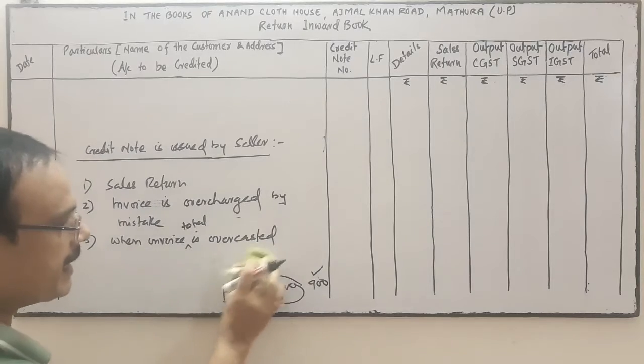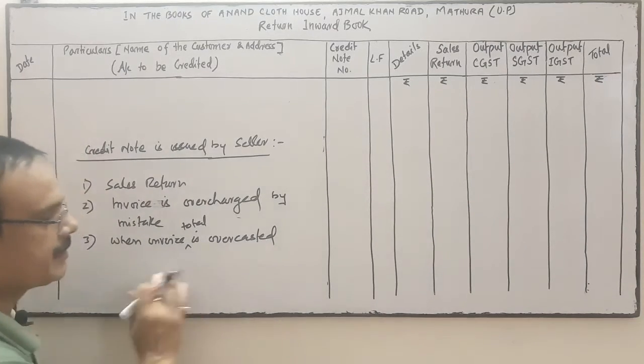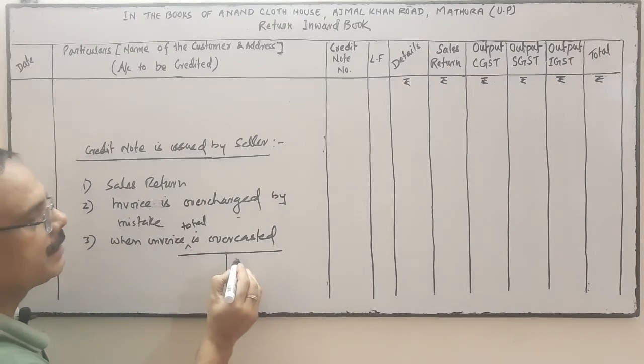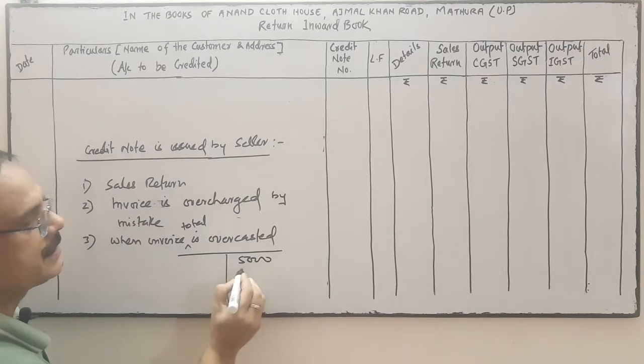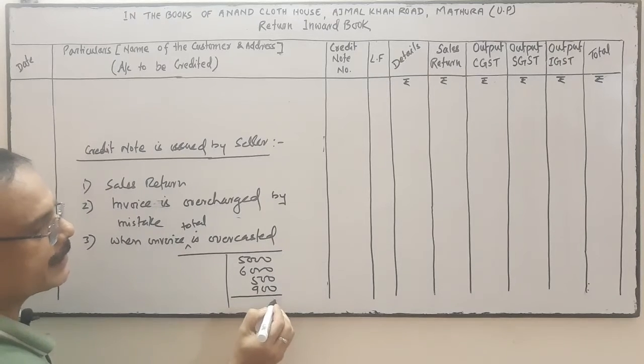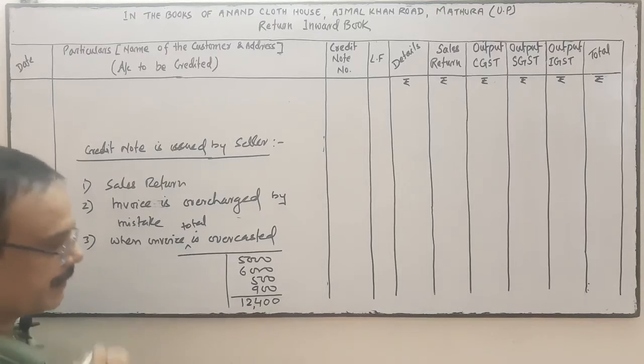So overcast and undercast, there may be two situations. Whenever we commit any mistake in totaling, suppose there are a few items: 5,000, 6,000, 500, 900. Now we do the total. The correct total should be 12,400.